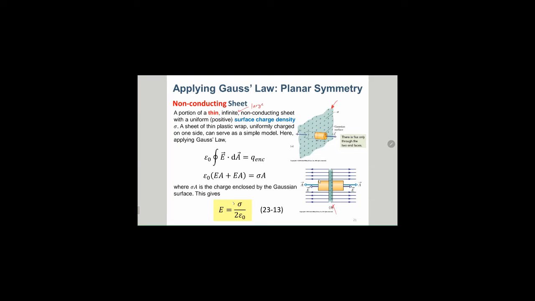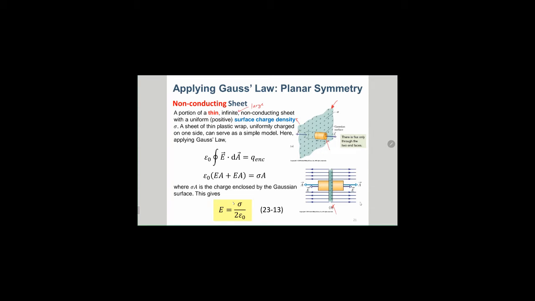Here we also apply a Gaussian surface, a cylindrical Gaussian surface. Previously, when we talked about the conductor, it was very large, but here it is very thin. So this is the cylindrical Gaussian surface. This is a circle face, this is another circle face, and this is the side. In the cross section, you only see a rectangle.